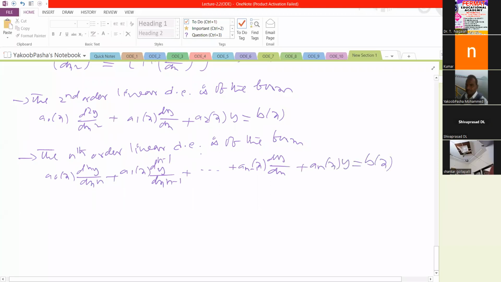Here also a0, a1, a2 up to an are functions of x or constants, but not functions of the dependent variable. Now, my question is: is the degree of a linear differential equation 1 or not?